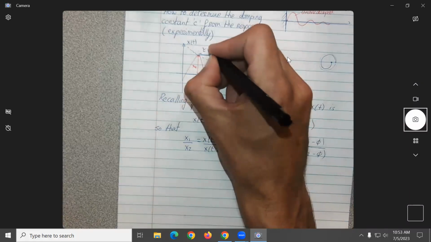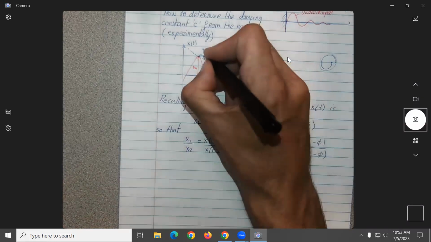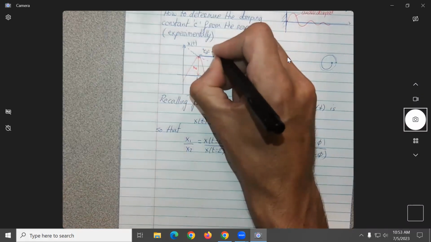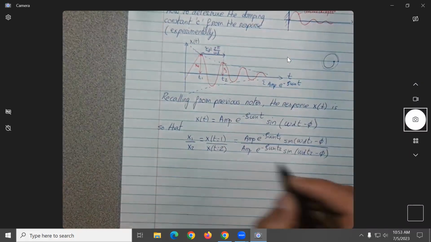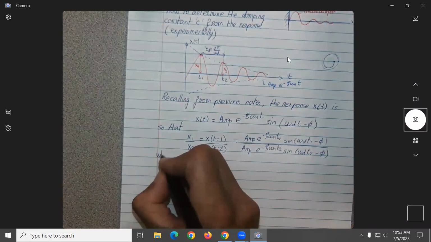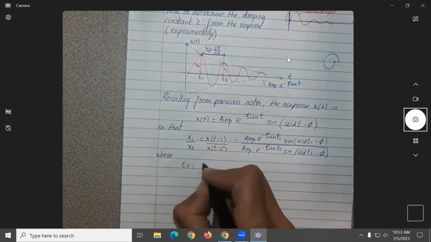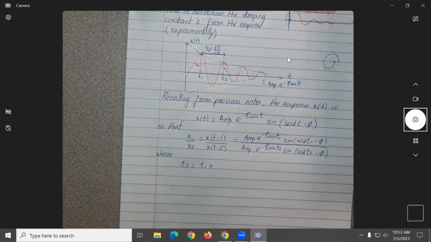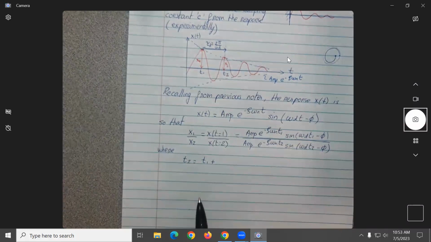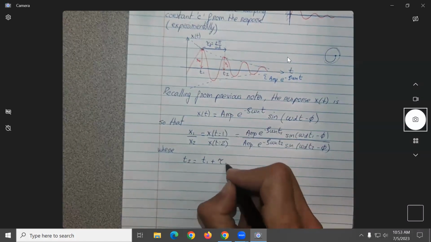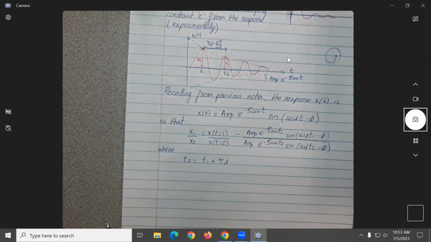This is the period, no? So the damped period that we said was equal to 2 pi over omega_d. But basically what I'm trying to say is that I could rewrite over here T2 as being equal to what? T2 will be equal to T1 plus the period, whatever time it takes you to get back to the circle. All right?